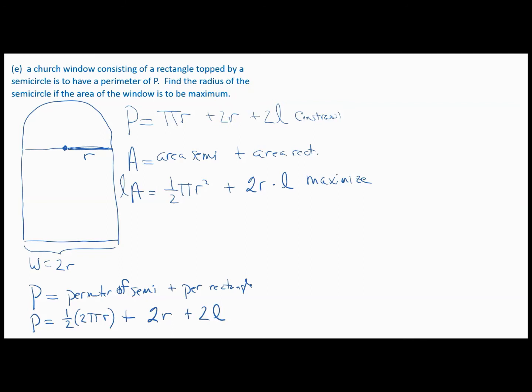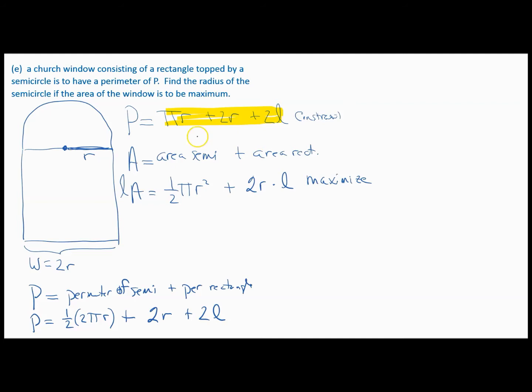So this equation right here, we want to use that to either solve for R or solve for L. It doesn't really matter which. And substitute into our maximize-minimize equation. So maybe right out beside here, let's solve this equation for either R or L.